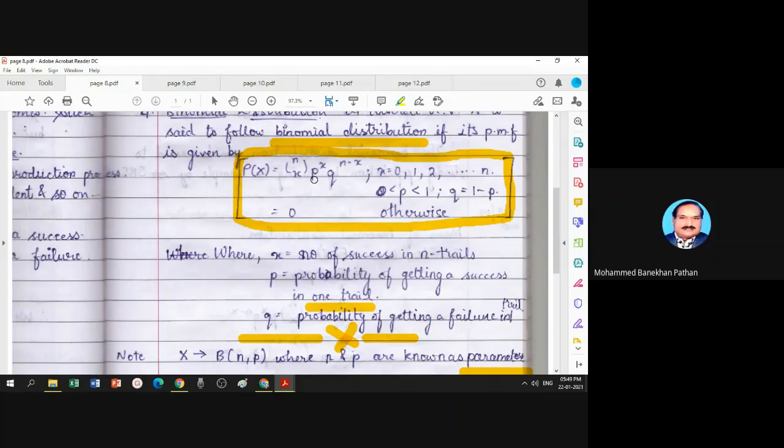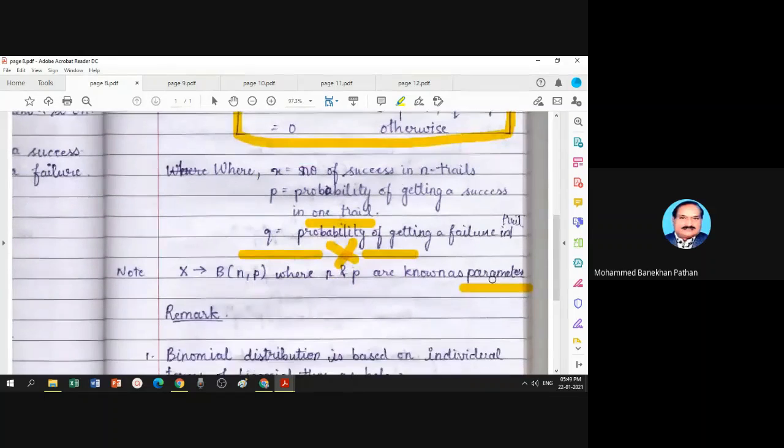If you have knowledge of p, you can develop q. So this function depends on two values, one is small n and the other is small p. These two constants are known as parameters.